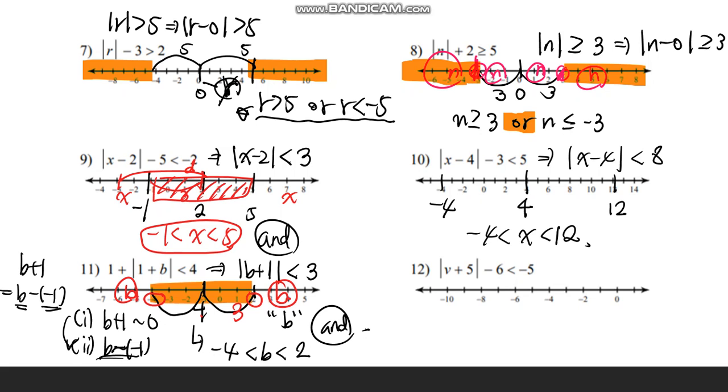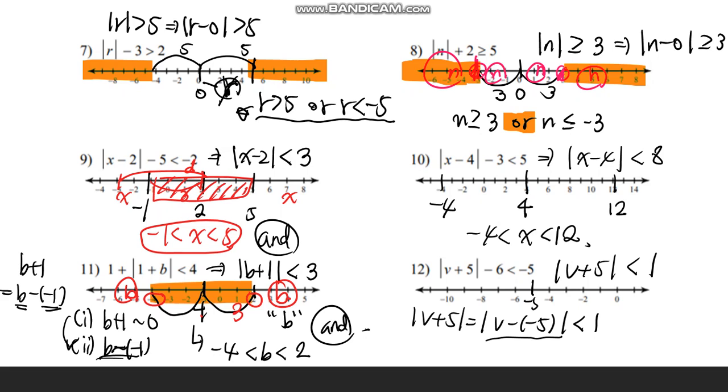And then the last one here, |v + 5| is less than or equal to 1. Then v + 5, again, we can rewrite this as v minus -5, and then 1. What we can say from this is that the distance between -5 here and v is less than or equal to 1.